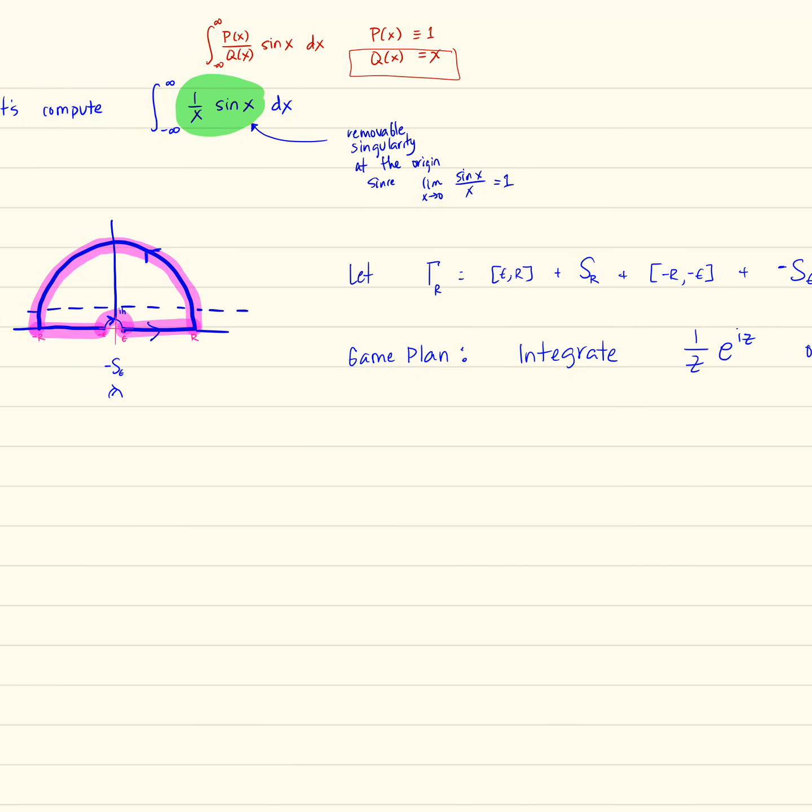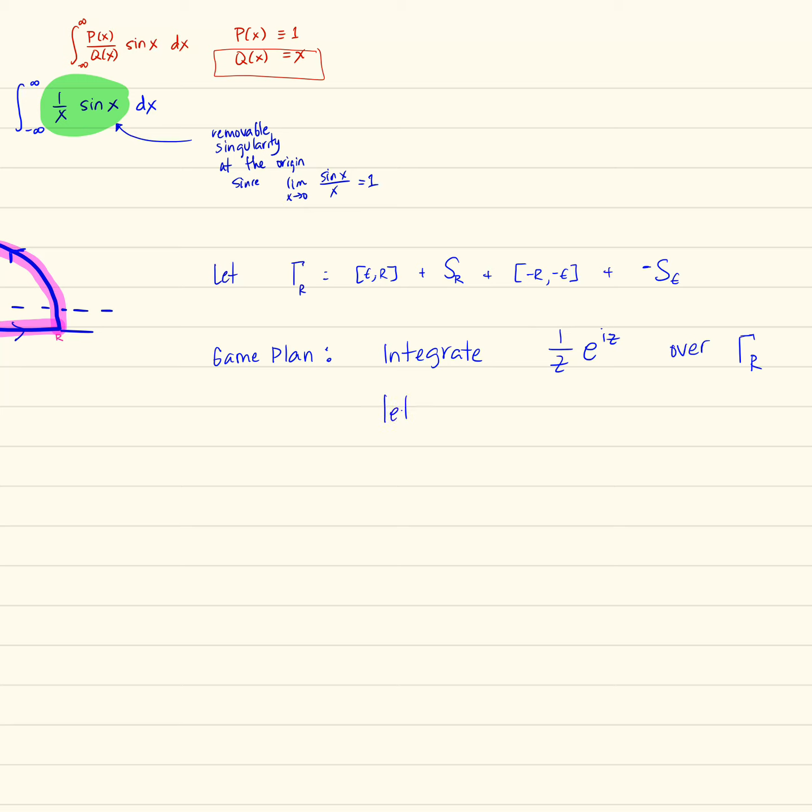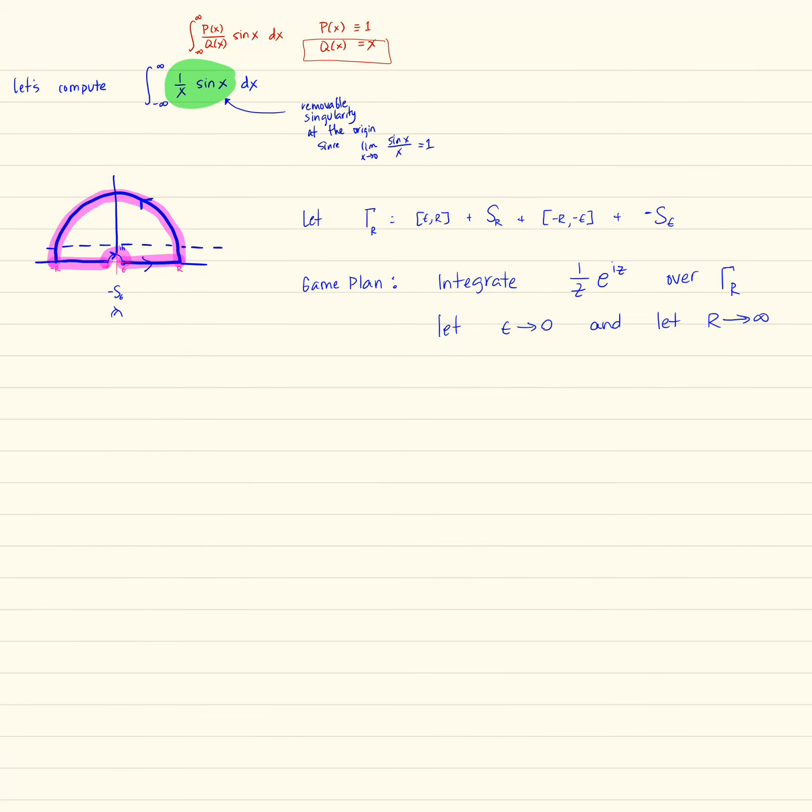And we're going to let epsilon go to 0 and let r go to infinity, right? Notice that as we integrate over these intervals, 1 over z, e to the iz, dz, we're just going to get the integral from epsilon to r of 1 over t, e to the it, dt, right?